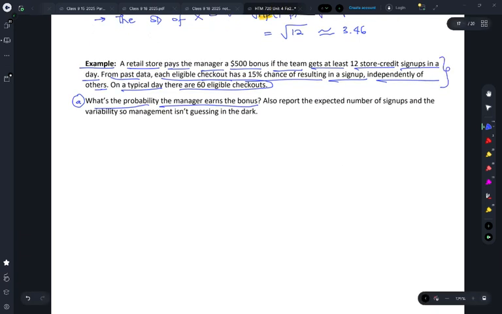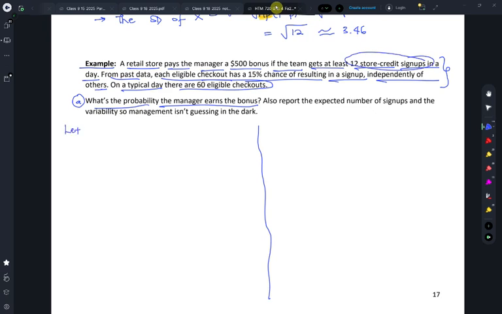In this scenario, we have a binomial distribution. How do I know that? Well, we're interested in particular in the number of store credit signups. So I'm going to let X, my random variable of interest, be the number of store credit signups, out of how many people on a typical day: there are 60 eligible checkouts.